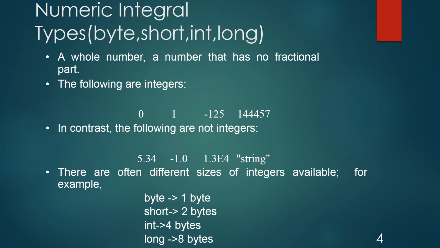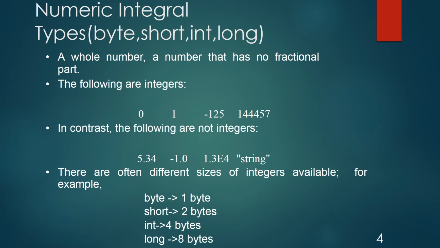But the range varies, where the byte data type has a smaller range and long has the widest range. Long can store maximum values as compared to byte, short, or int.